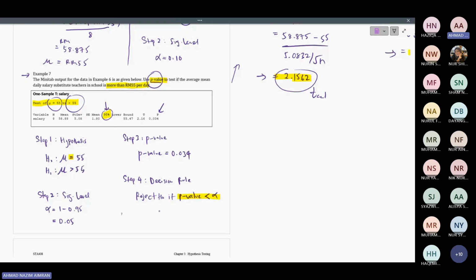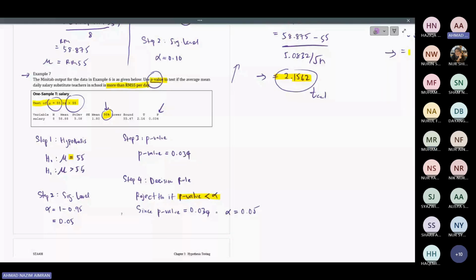So for this one, reject if p-value is less than alpha. Our p-value is 0.034 and alpha is 0.05. Is the p-value greater than or lower than alpha in our case right now? Lower than.